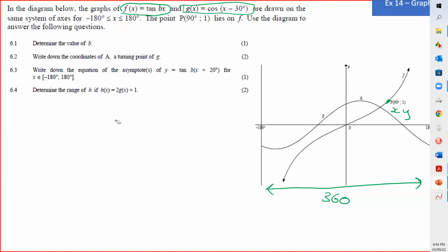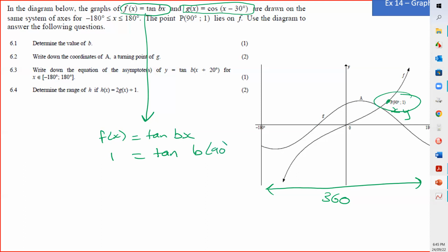Okay, so I said first we can start by substitution, and I want to go the substitution route now. So if f of x, which is y, is equal to tan bx, so f of x is 1, which is equal to tan b, and I said x here, if we look at the point P, the point I want to zoom onto, is 90.